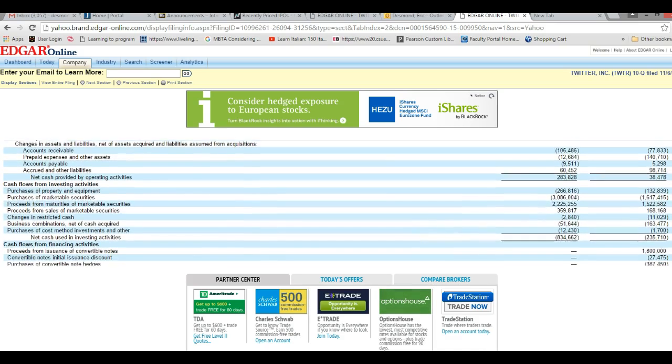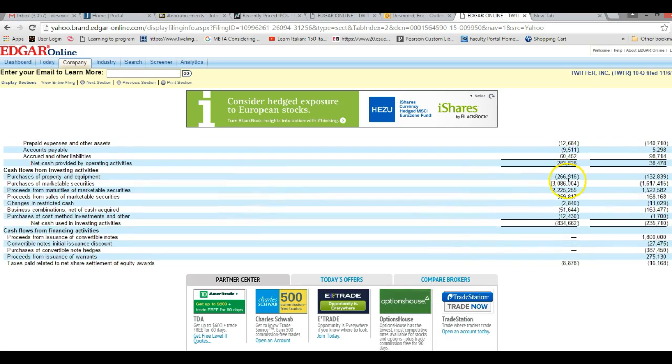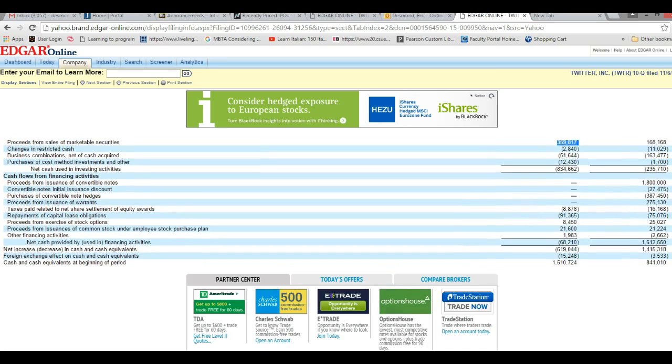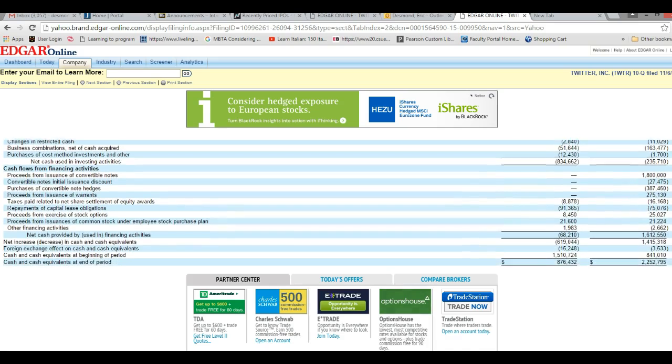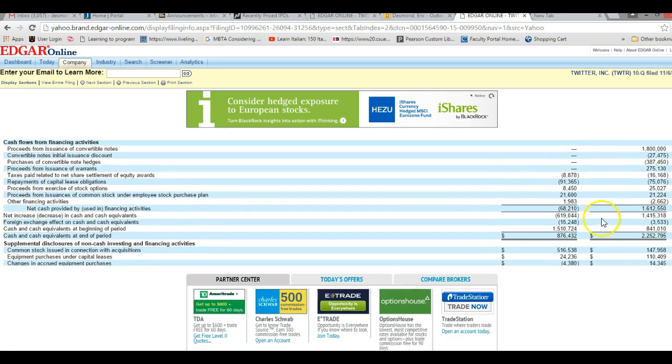And then we look at, so they're selling off some marketable securities, and they haven't done much in the way of right here.